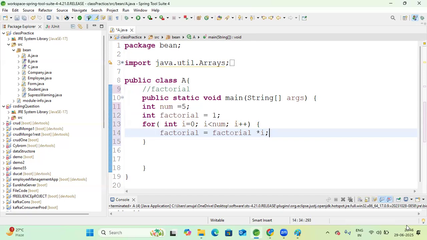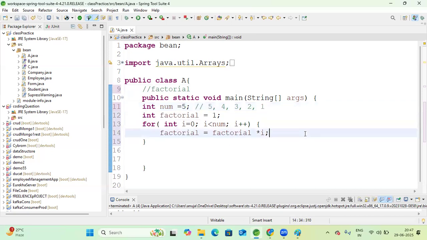So what basically happens here? It will iterate over the 5, and you will get 5, 4, 3, 2, 1. All these values I will multiply with the factorial.